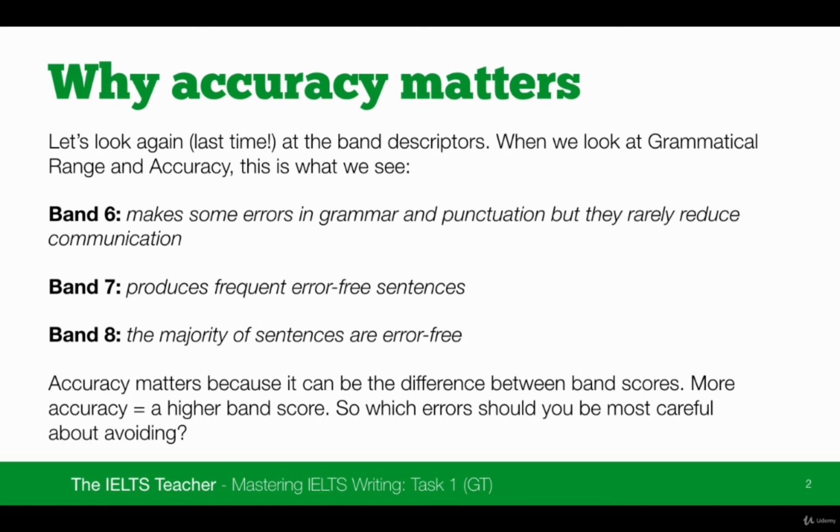Now bear in mind, I haven't put this up here, but Band 5, you can imagine if Band 6 says these errors rarely reduce communication, if the reader is confused by some of your grammatical errors, then you are at risk of even dropping to a 5. Even if it just happens once or twice, there is a risk of you really losing a lot of marks here. So it's very important that you aim for accuracy.